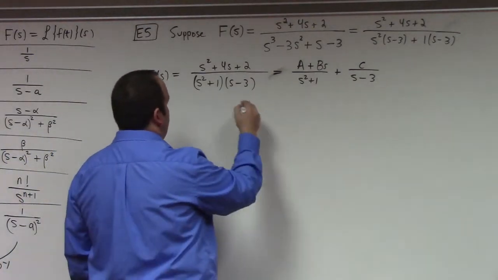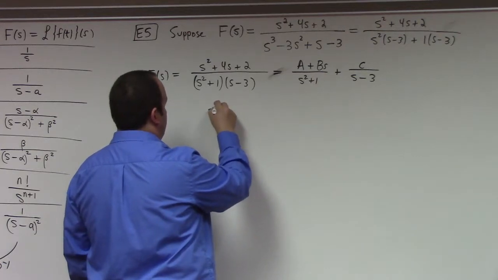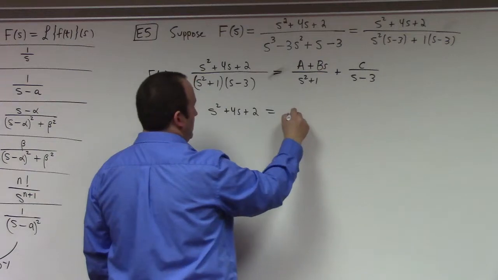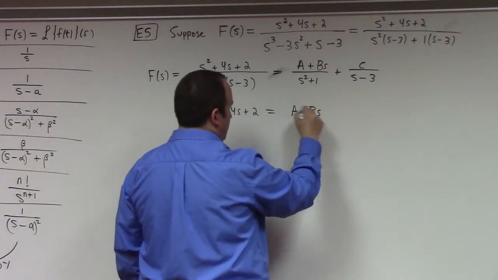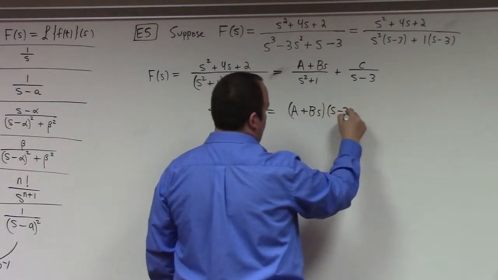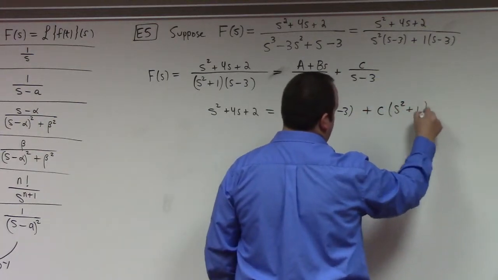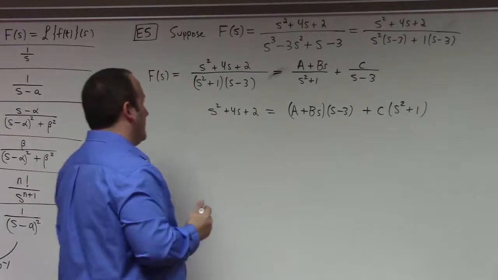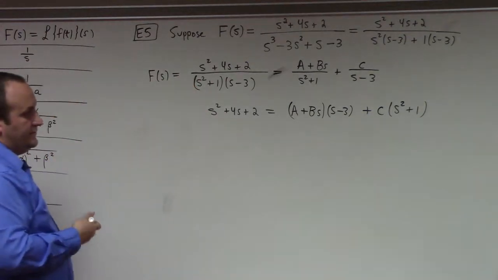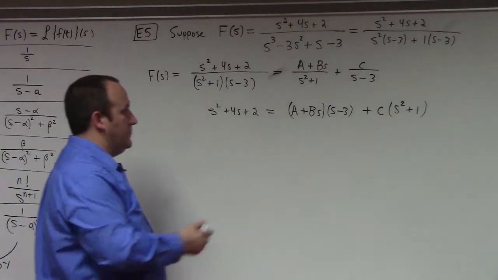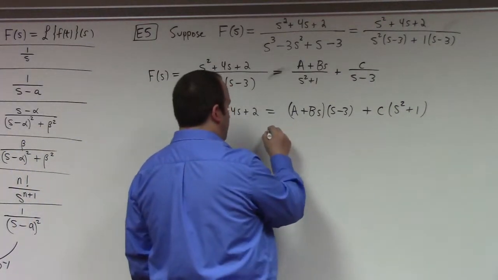Now, that will give me s squared plus 4s plus 2 equals a plus bs times s minus 3 plus c times s squared plus 1, right? There are various ways to do the algebra here. I'm going to go ahead and multiply this out.